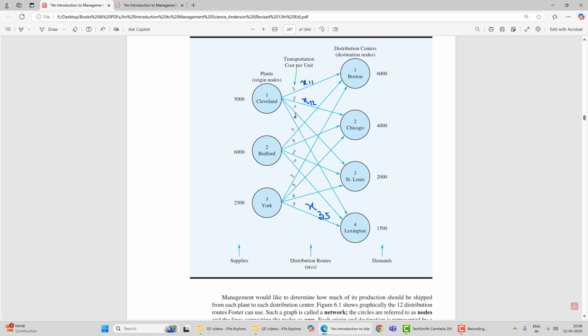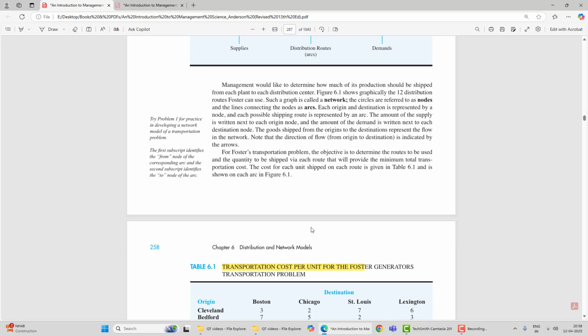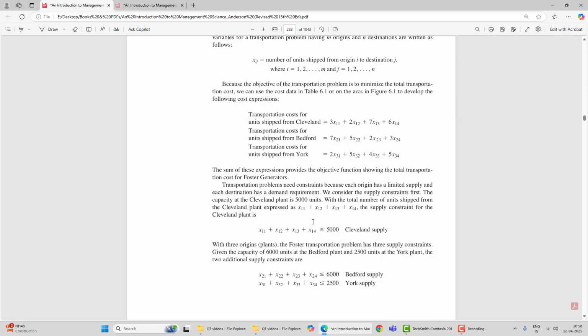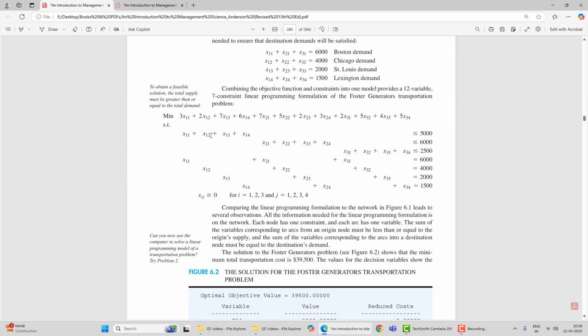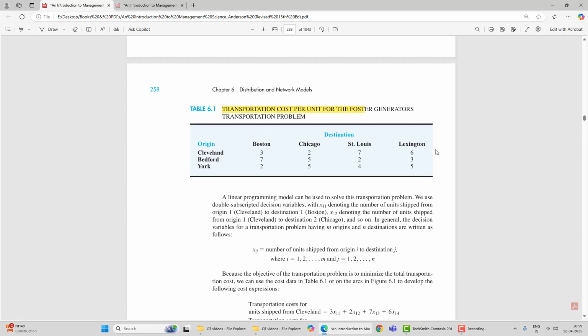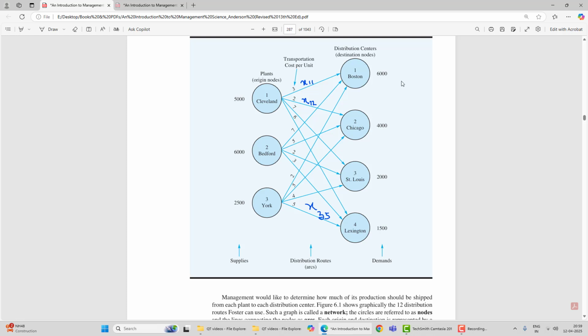So x11 plus x12 plus x13 plus x14 cannot exceed 5000. That is how you will write the origin constraints: this less than or equal to 5000, for the second one less than or equal to 6500, for the third one less than or equal to 2500.